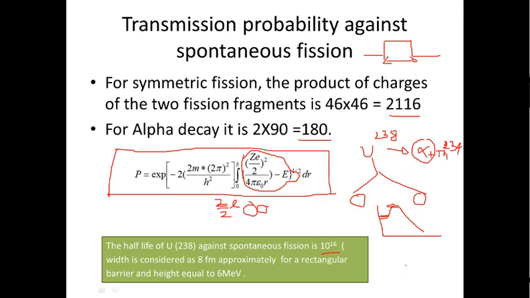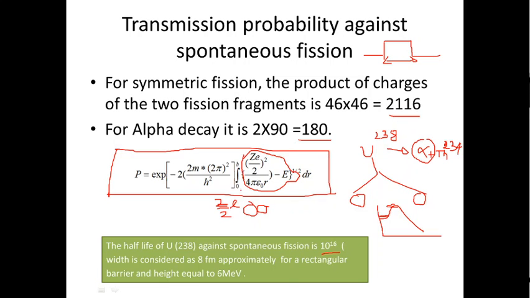We are not ruling out the probability, we are not saying it is zero. The probability is there, but the probability that it might undergo fission is very less, because the half-life is turning out to be 10 raised to 16 years.